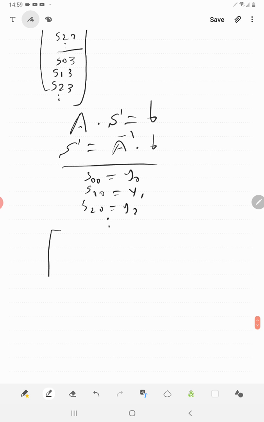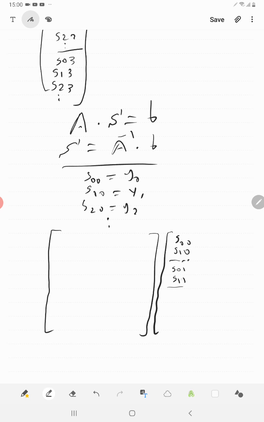For example, we can put it this way. Okay. Let me demonstrate that just for 2 segments, okay? For 2 segments, what I have is S00 and S10, okay? And then we have S01 and S11, and then we have S02 and S12, and then we have S03 and S13.